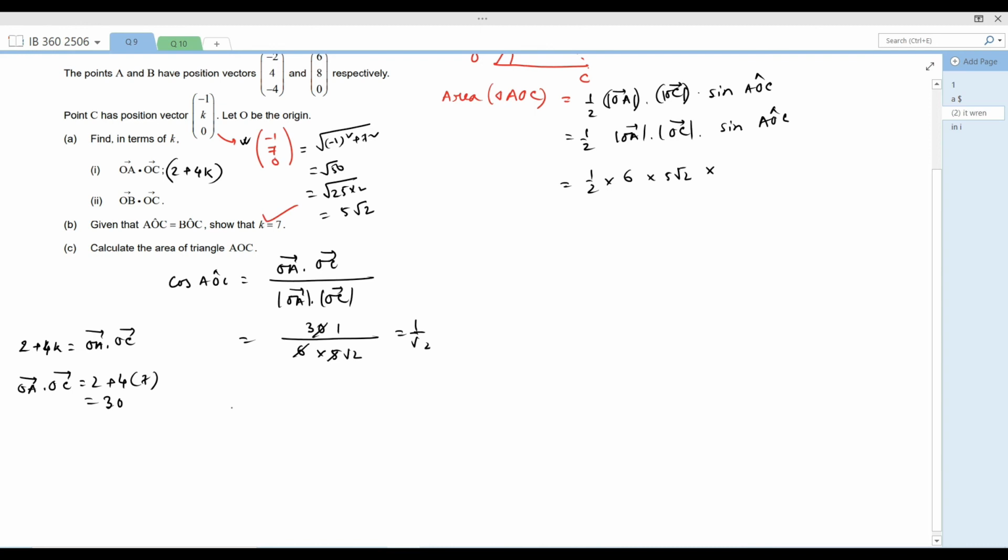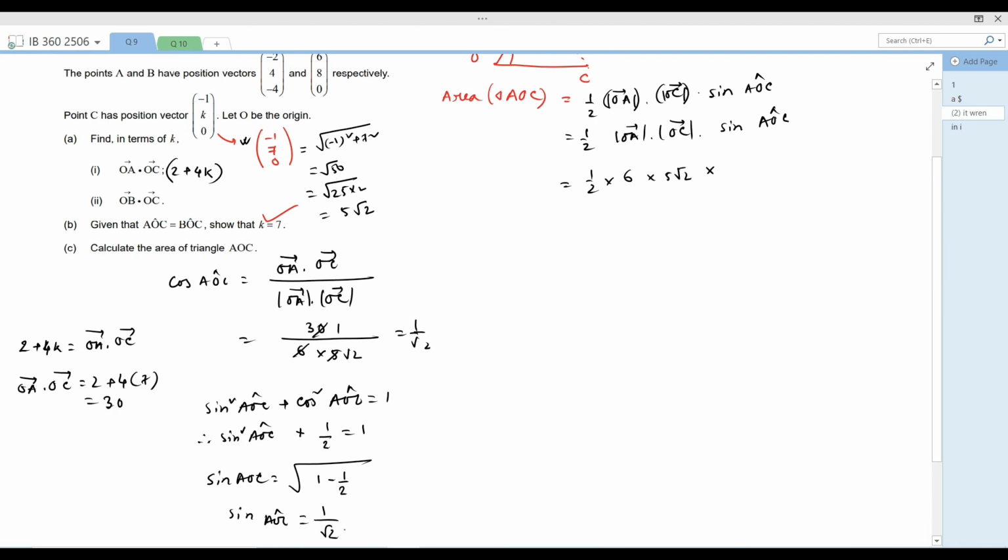Now we know that sine square AOC plus cos square AOC is equal to 1. So sine square AOC plus (1 by root 2) whole square is equal to 1. So sine AOC is equal to root over 1 minus 1 by 2, because we are squaring this. So basically sine of angle AOC is coming to be 1 by root 2.